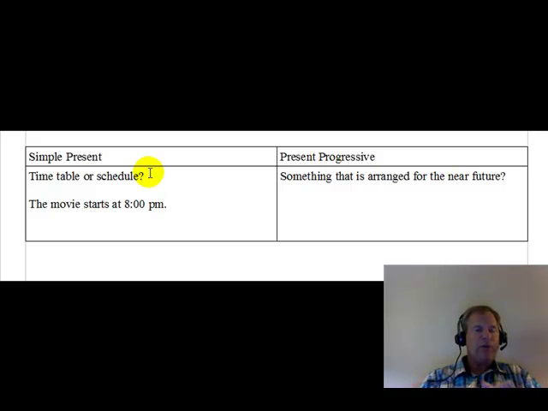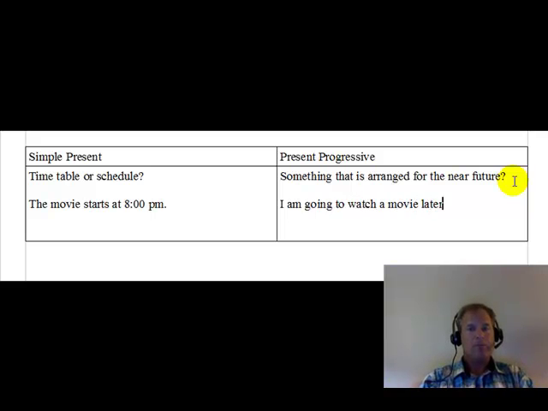So the simple present works pretty good in this situation. Now let's say you want to say, here, I'm going to watch a movie later on. In this case, you're talking about an activity which is arranged for the near future. So, timetable or schedule, simple present works pretty well. Something that's arranged for the near future, the present progressive.